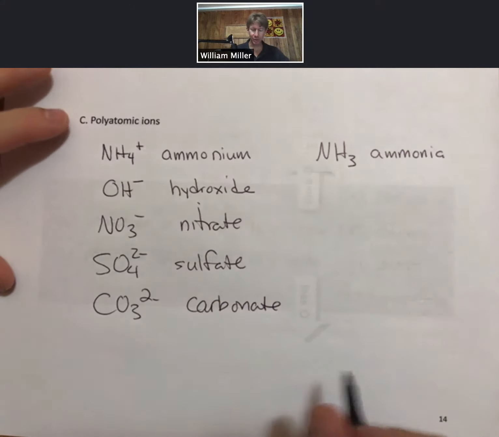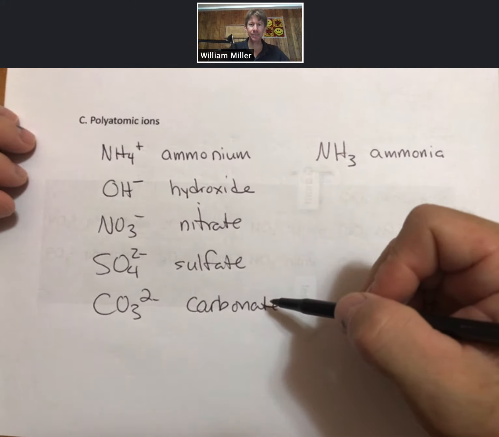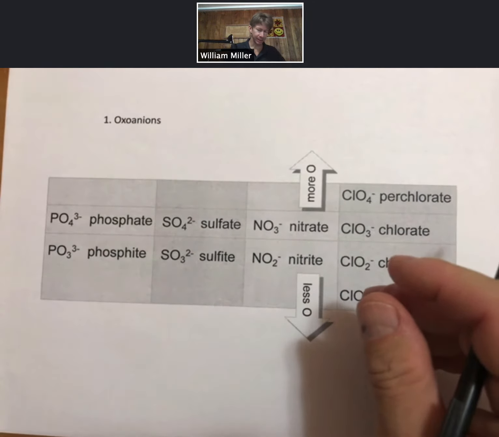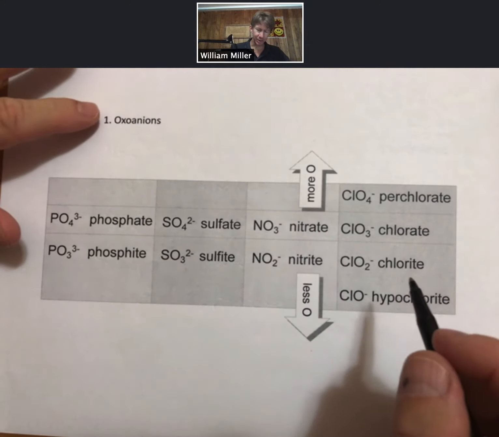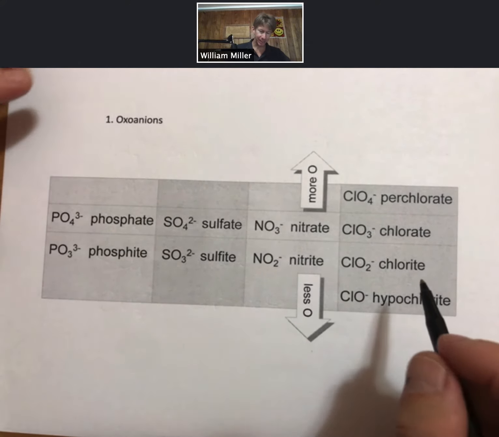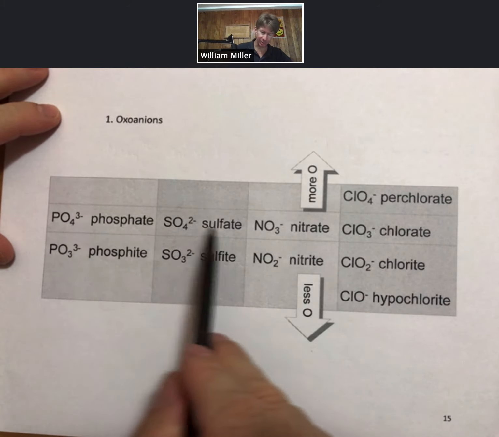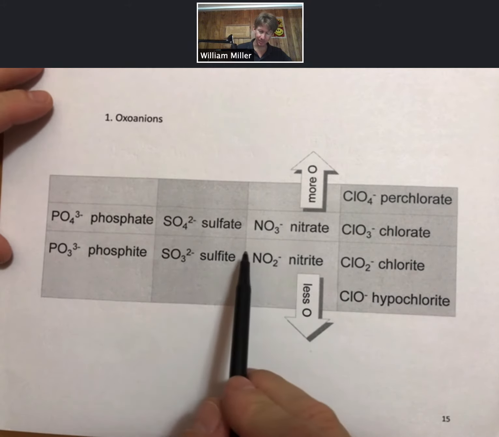And you're right, if you think it's a common ion and it tends to have an ATE ending, you are right. Now, there are other trends for things called the oxoanions. If you remember, one of them, such as phosphate or sulfate, we just talked about sulfate, we actually just talked about nitrate as well.